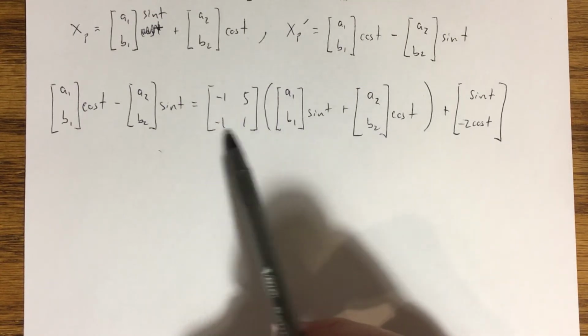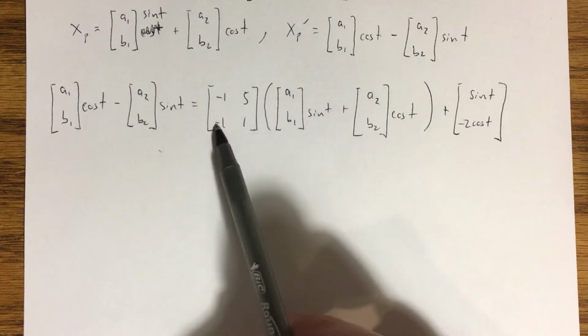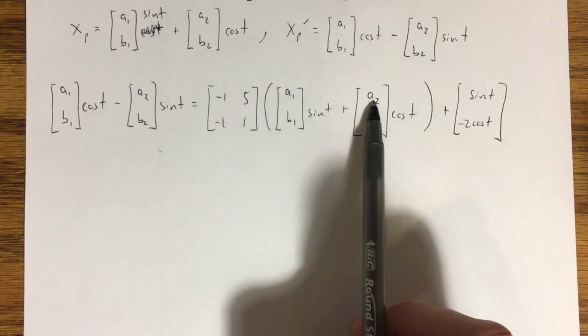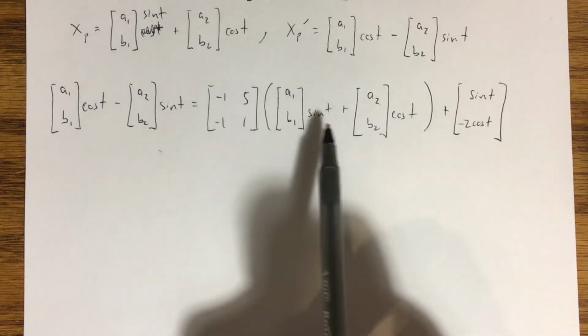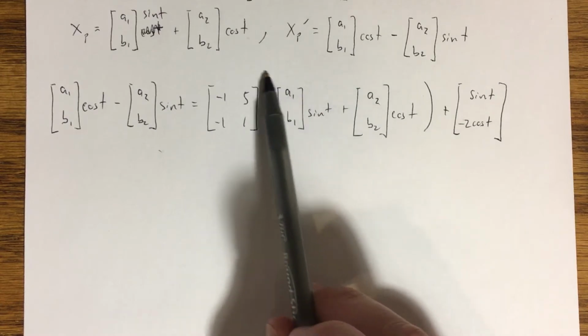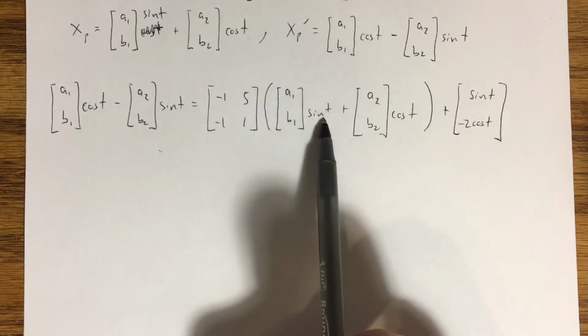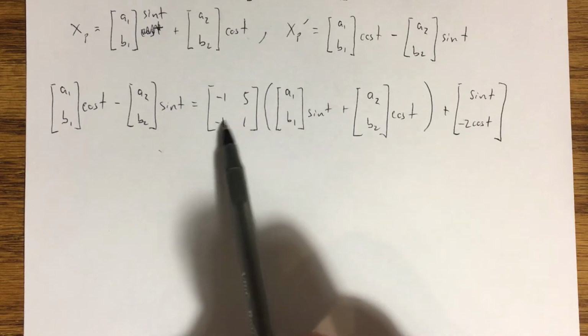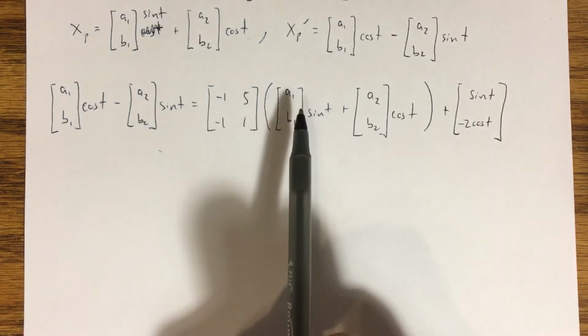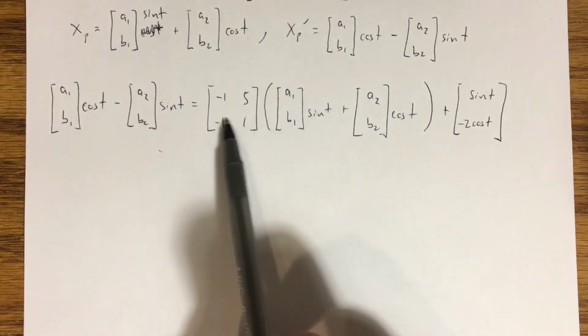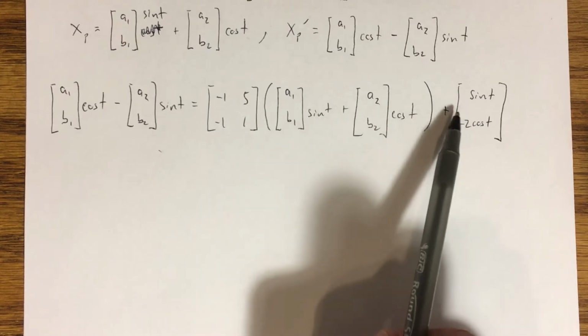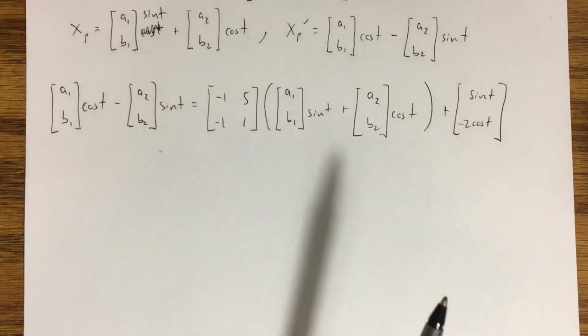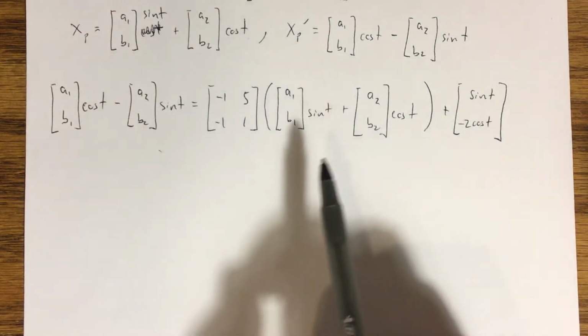So I can distribute this 2 by 2 matrix into each of these terms. And if you think about what that's going to do, it's going to give me a new coefficient matrix on my sine of t and a new coefficient matrix on my cosine of t. And so what I want to do is find what those are equal to and then add this matrix to those results also. So let's think about that for a second.